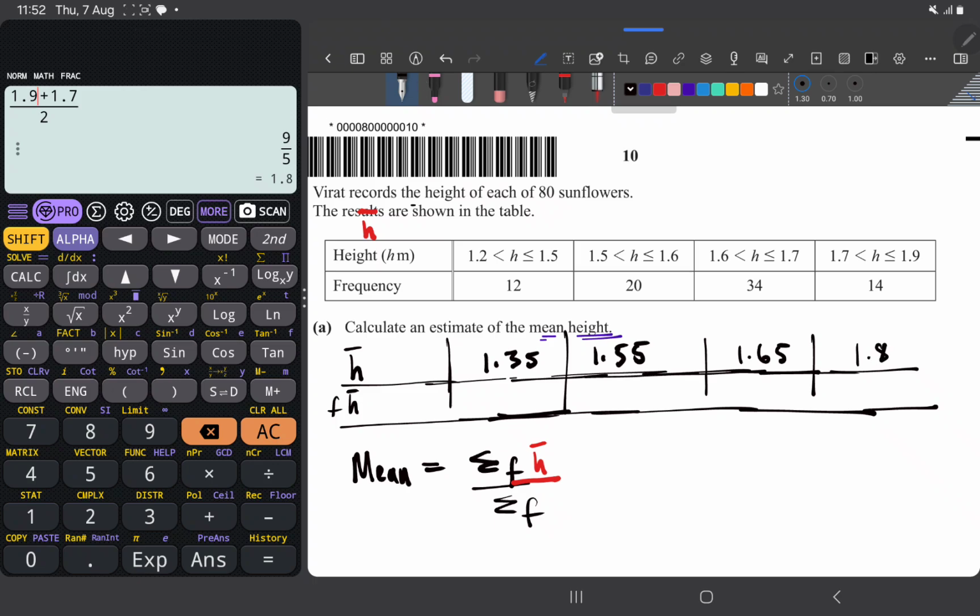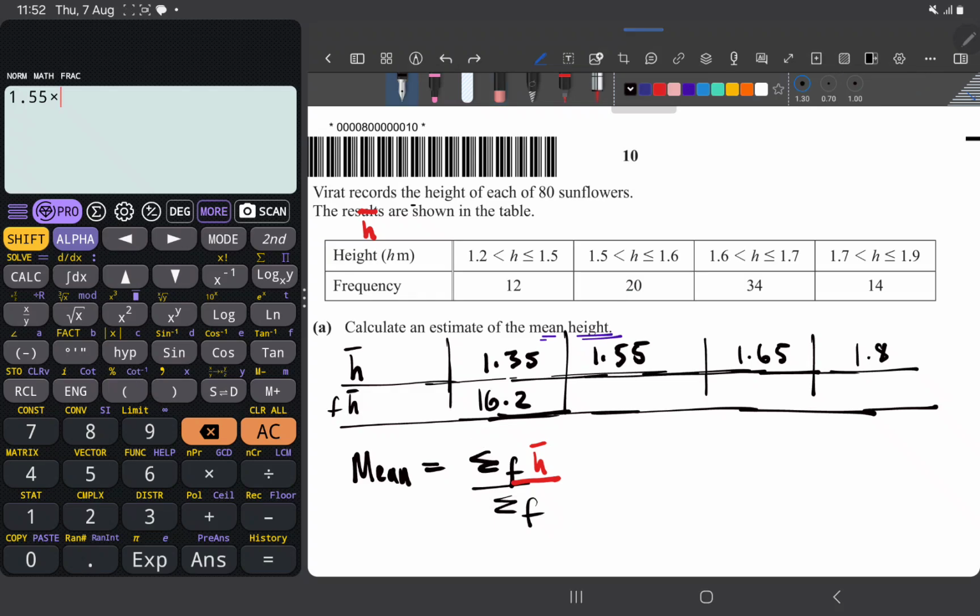Now let's multiply each. We're going to say 1.35 times its frequency, 12. You're going to get 16.2. Then 1.55 times its frequency, 20. The middle value of this is what you multiply by frequency, then add them, because this says you should sum them up.